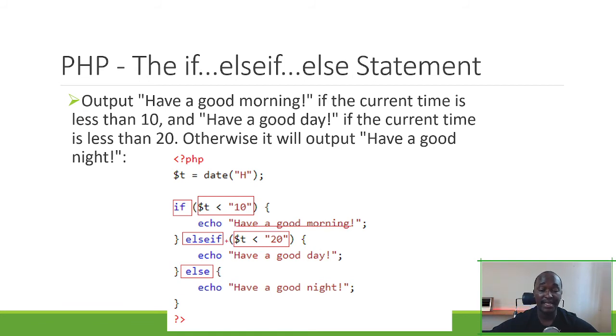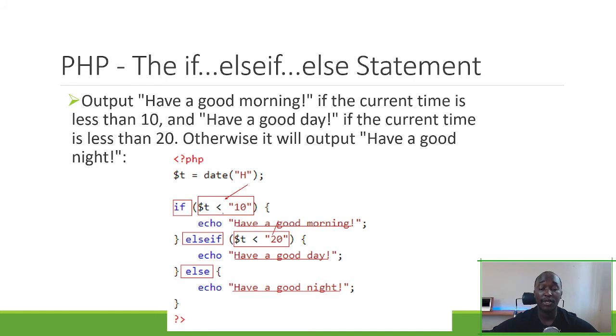Else if t is less than 20, "have a good day." Else, "have a good night." That is, if t is greater than 20, because it's not taken care of in the first condition or the second condition.